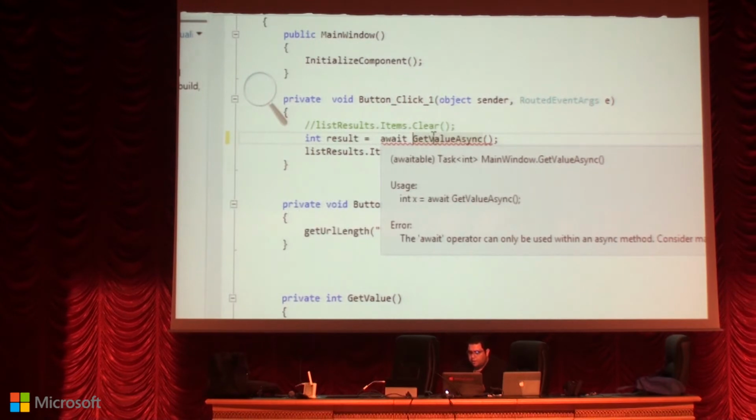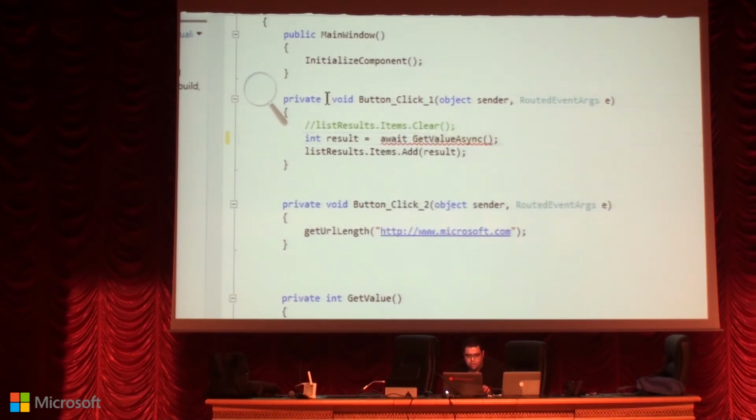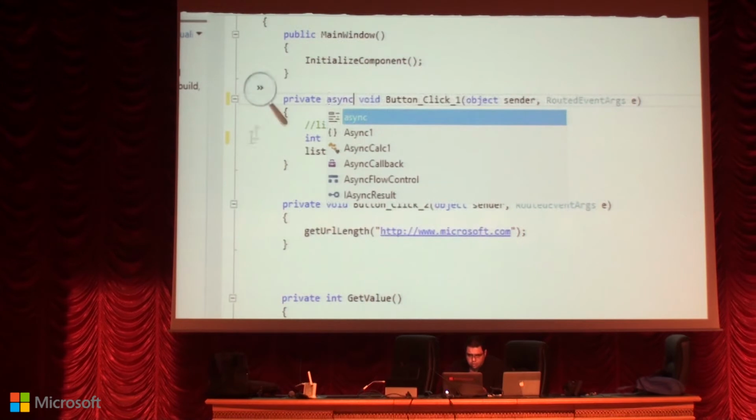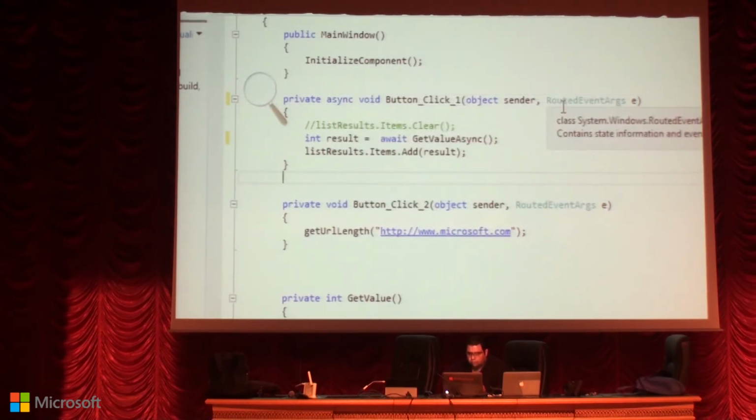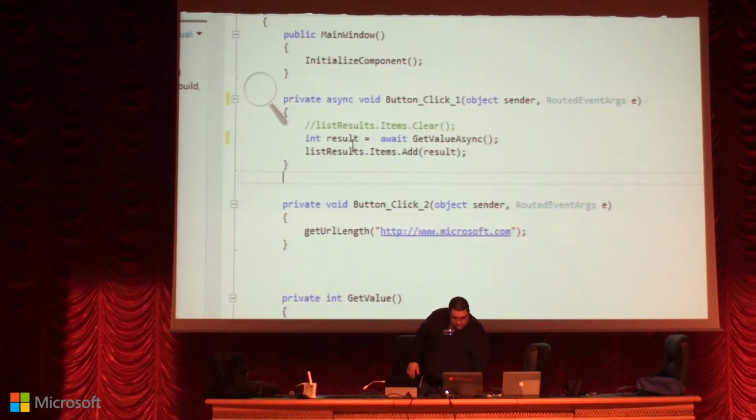Here the compiler is saying the await operator is only used within an async method. So I just have to put async here. And that's it. If I have two versions of the same method, one normal and one async, all I have to do, whenever I reach a point where I really need the result, is await for it. And in the declaration of the method, I put the word async. This is it.